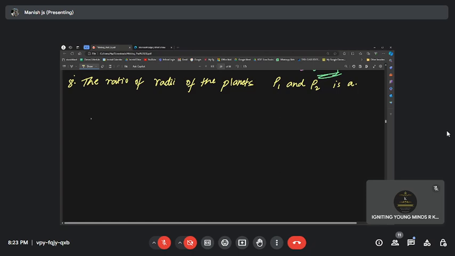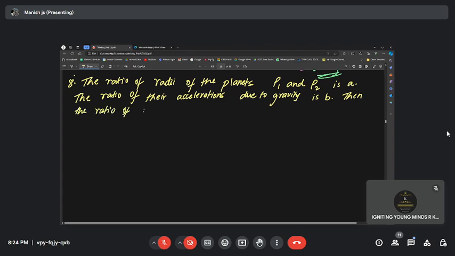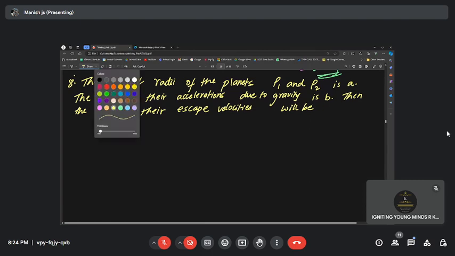Okay. The ratio of their accelerations due to gravity is B. Then the ratio of their escape velocities will be, so here are the options.